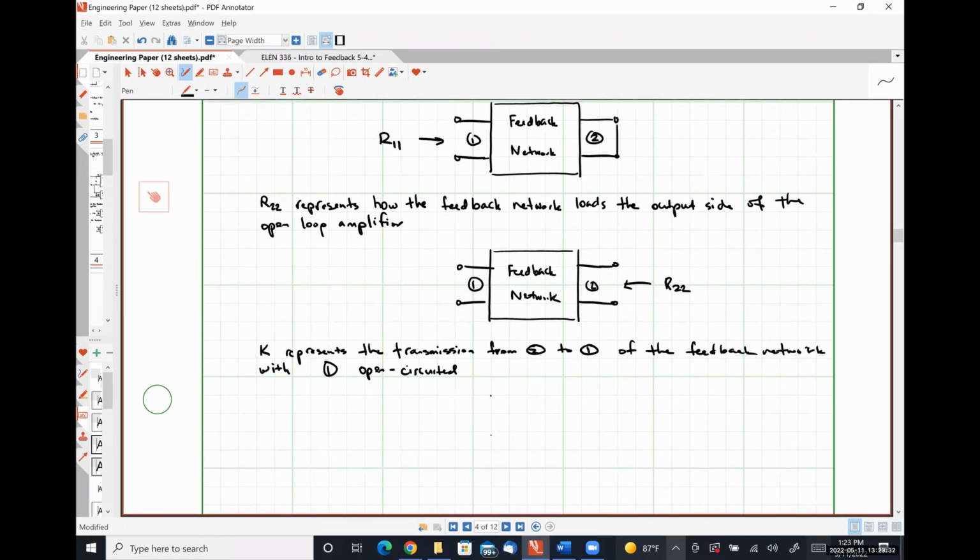So effectively, what we have is something like this, where we have our feedback network. Here is port 2. Here is port 1. We apply effectively a test voltage source here.